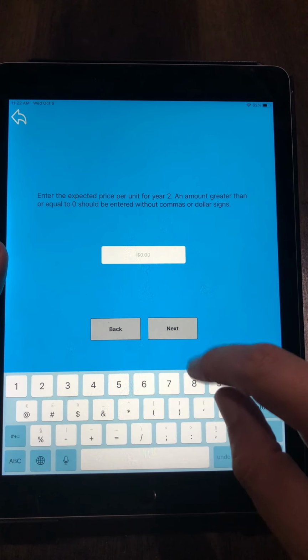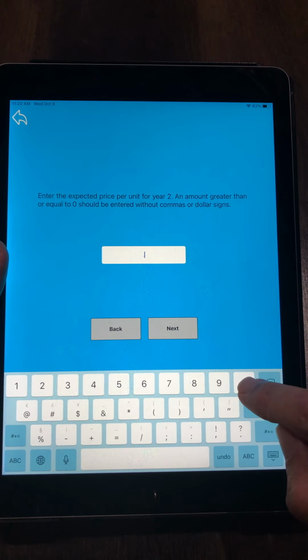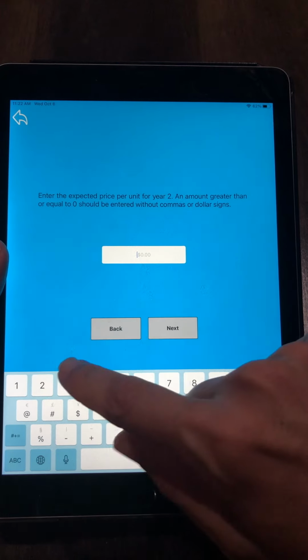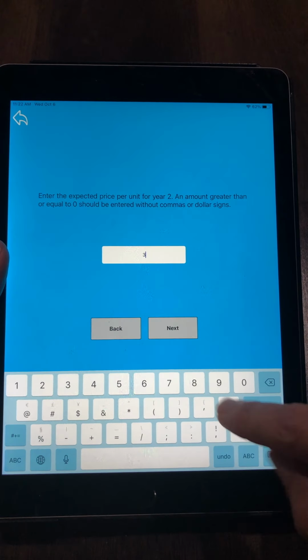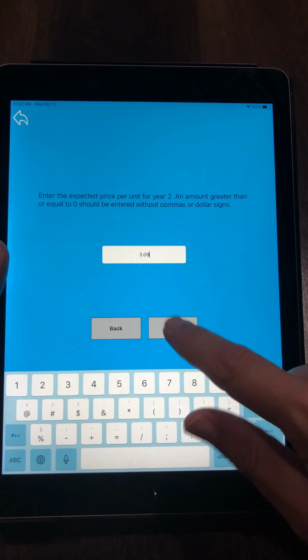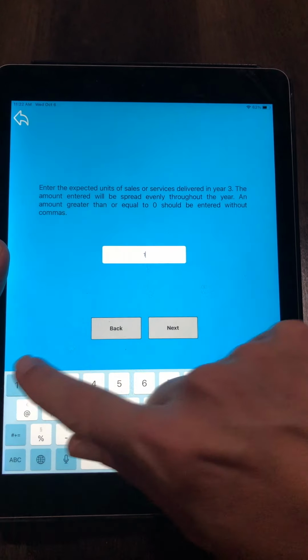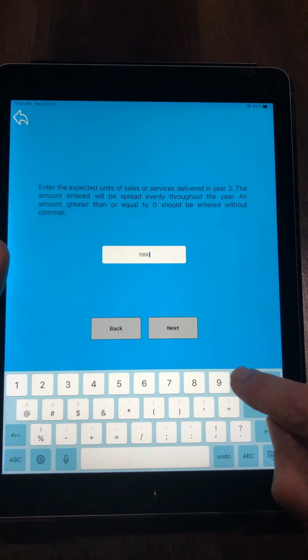And I'm going to have an expected growth rate of 3% on my unit price. And since I'm typing it in year by year, I'm going to put 3.09 and hit next. My third year, I'm going to reach my 1,000,000 units that I discussed.